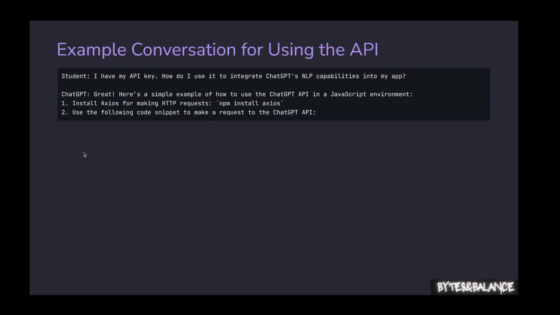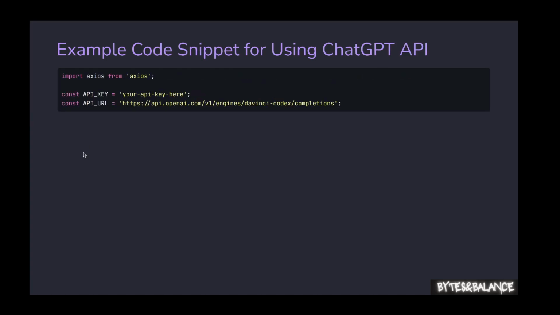So go back to this slide. This is the example conversation about how to integrate ChatGPT's NLP capabilities into our application. First, install Axios to make HTTP requests. And then just follow this code snippet. In the code snippet, first you do the import and you set up your API key and API URL.